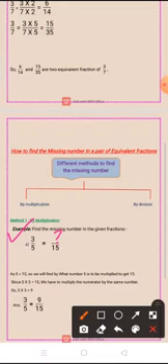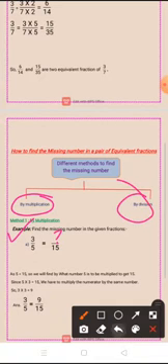So how can we find it? By following two processes. The first method is multiplying, and the second is dividing. Now you may ask me, ma'am, when do we multiply and when do we divide?